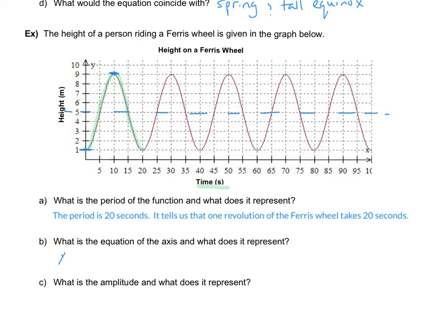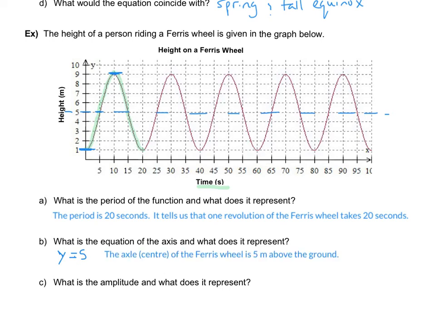Okay, so the equation of the axis would be y equals 5, a horizontal line. What it represents would be the height of the center of the Ferris wheel. That rotation point of the Ferris wheel is going to be 5 meters above the ground, because at 5 meters, you're going to be level halfway in between the max value and the min value. So it's going to be where that axis of the curve, the axle of the Ferris wheel, would be.